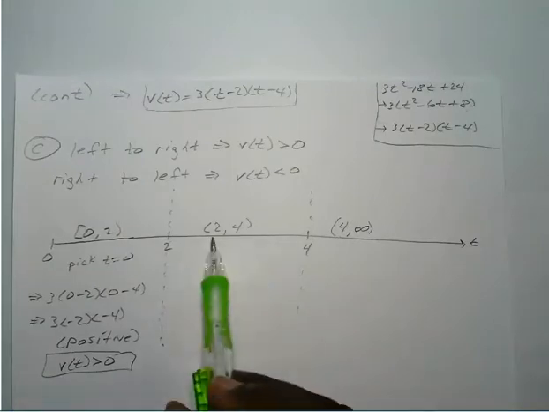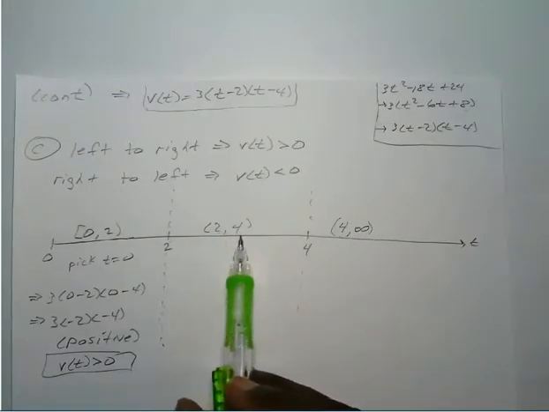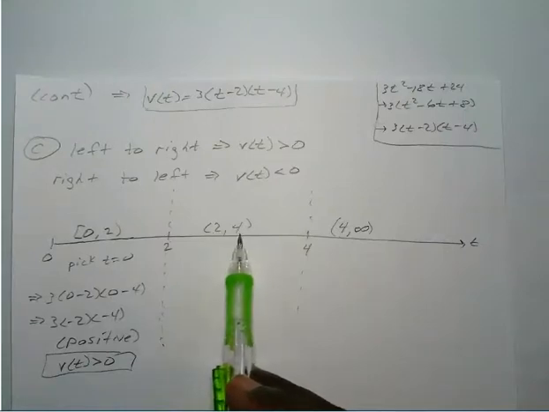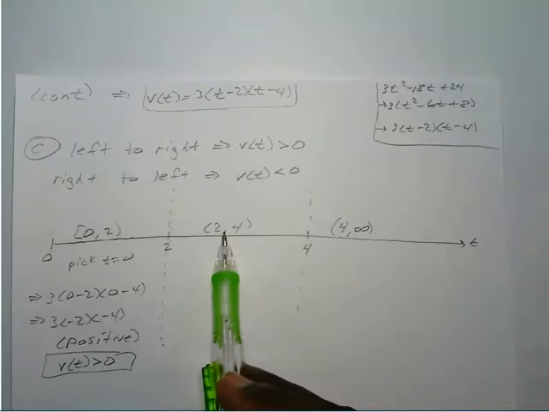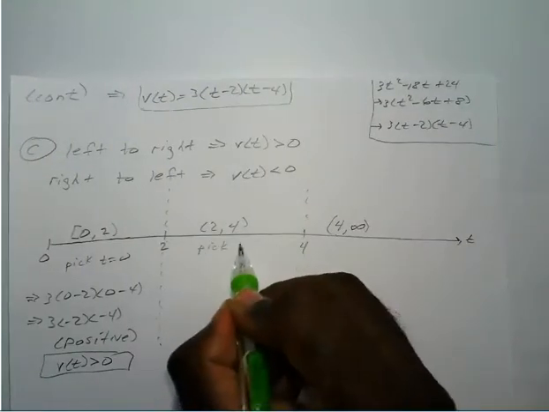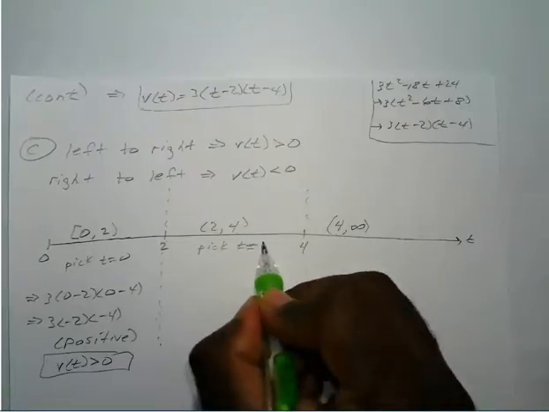Now we do the same thing between 2 and 4. You can pick 2.1, 2.5. It can't equal 2 and it can't equal 4 because you'll just get 0. Just keep it simple and pick t equals 3.